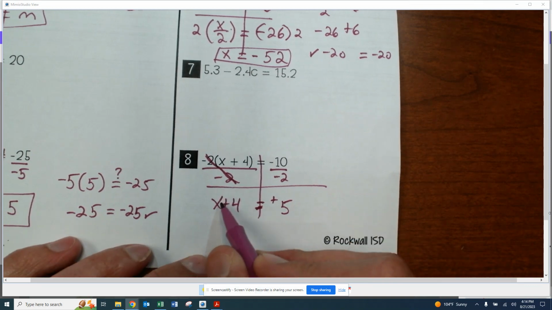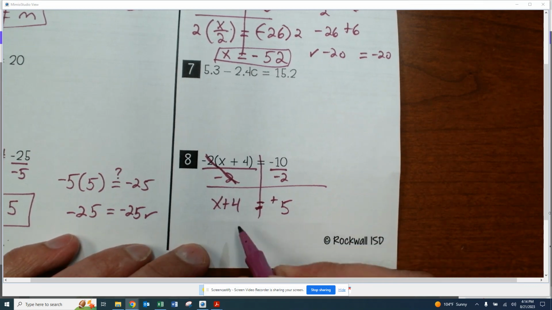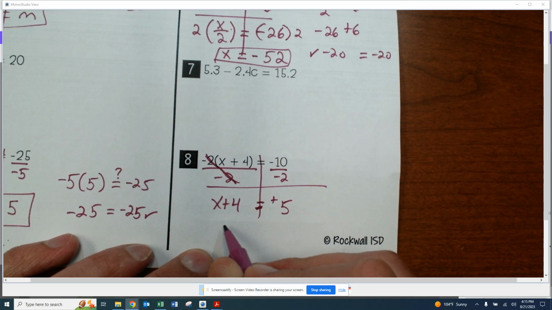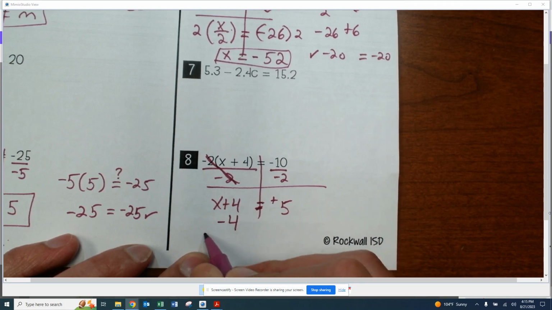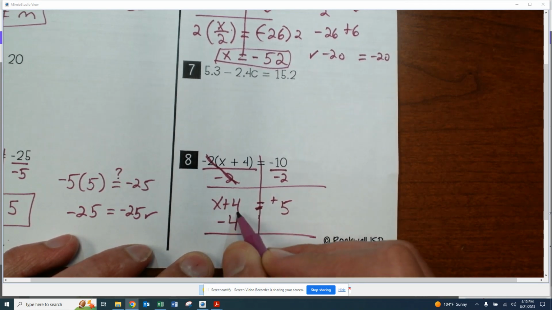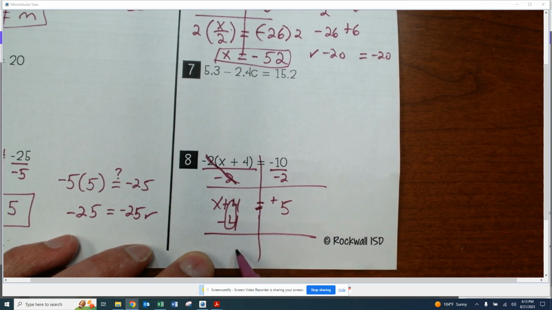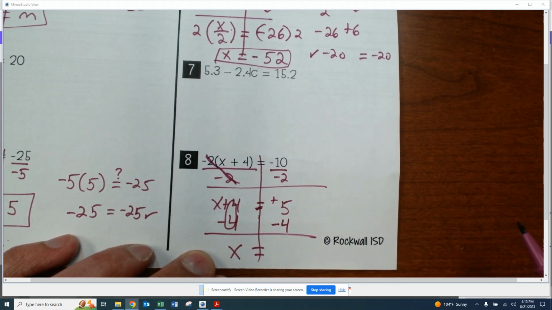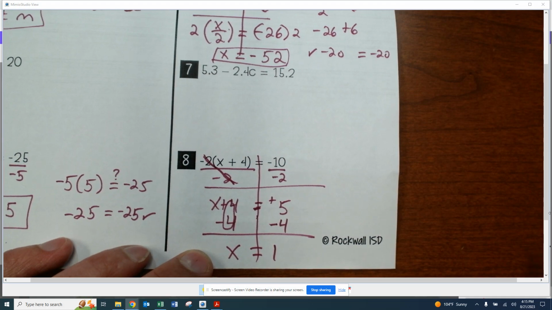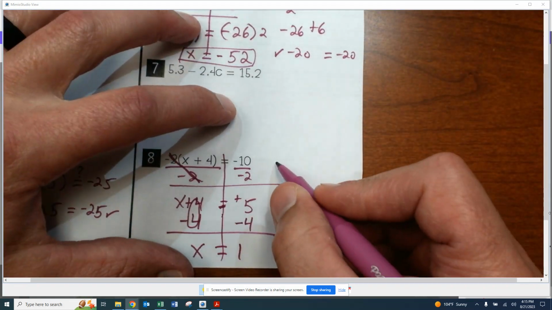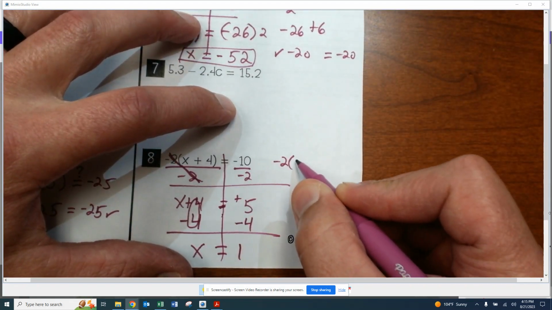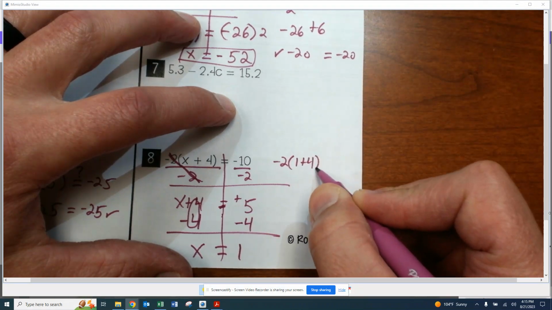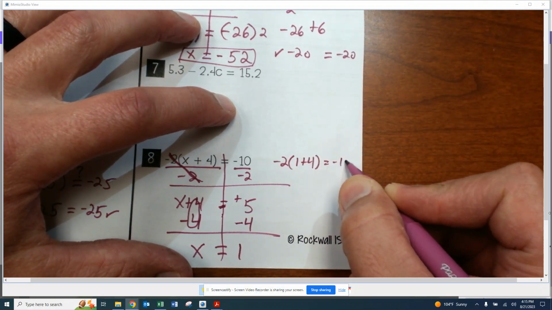Now I have to create my 0 pair here, and I need to take the inverse of adding 4. The inverse of adding 4 is subtracting 4, which makes my 0 pair and goes away. And whatever I do to one side, I have to do to the other. 5 minus 4 is 1. And if I want to check this, negative 2 times 1 plus 4, does that equal negative 10?